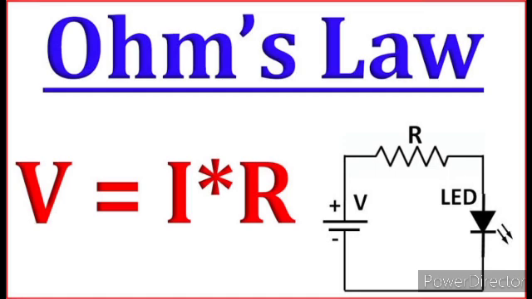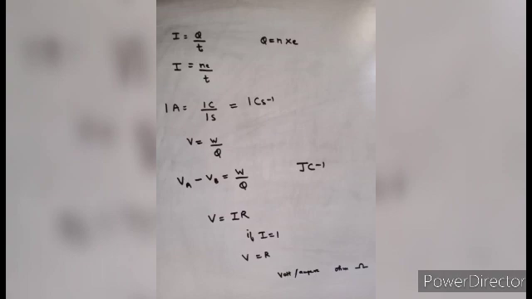So numerically speaking, if your I becomes 1, what will happen? Your V will be equal to R. So the resistance of a conductor is numerically equal to the potential difference across its ends when unit current flows through it. Now again, what is the SI unit of this potential difference?